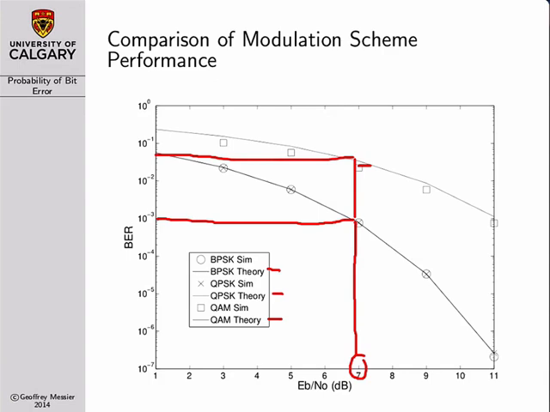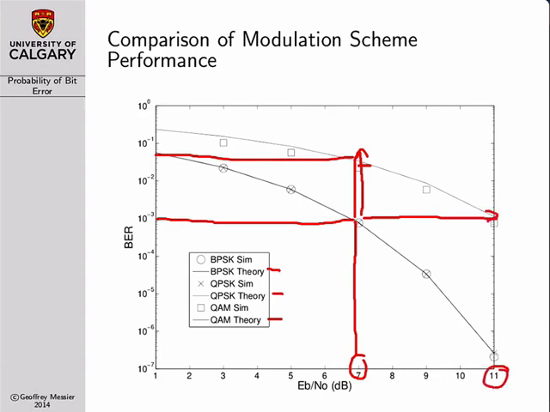So if we had a QPSK system and we wanted to double its throughput using 16 QAM, either we would have to settle for lower reliability and go up in this vertical direction, or if we wanted the same reliability, what we would have to do is increase our signal-to-noise ratio to 11 dB.